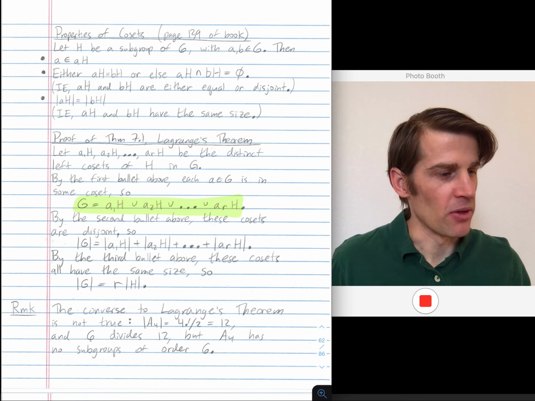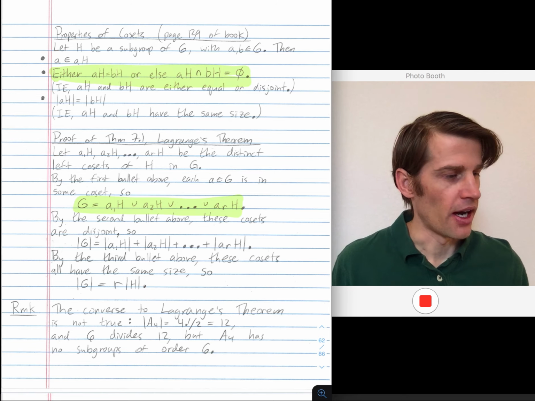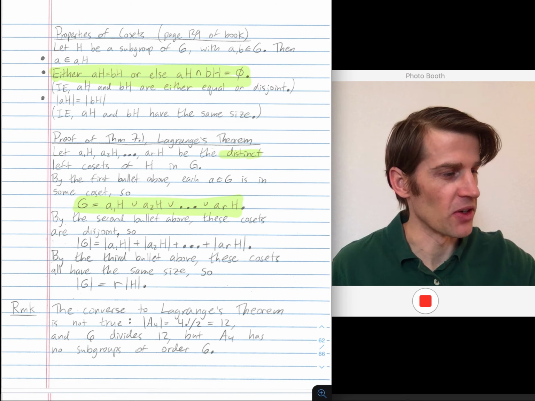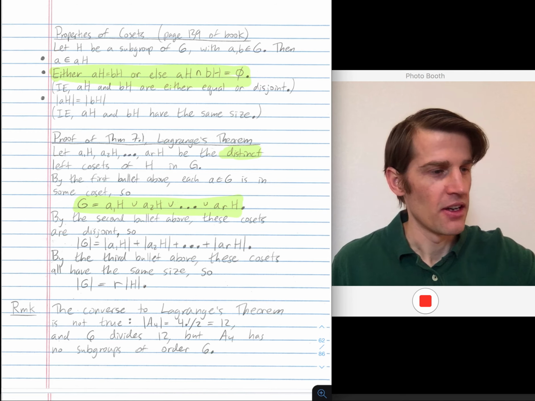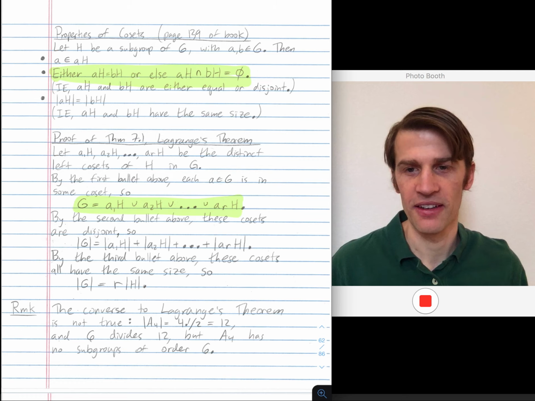The second bullet point up above says the cosets are either equal or disjoint. Well, they're not equal because I wanted these cosets to be the distinct cosets. So these cosets, A1H through ARH, are all disjoint.